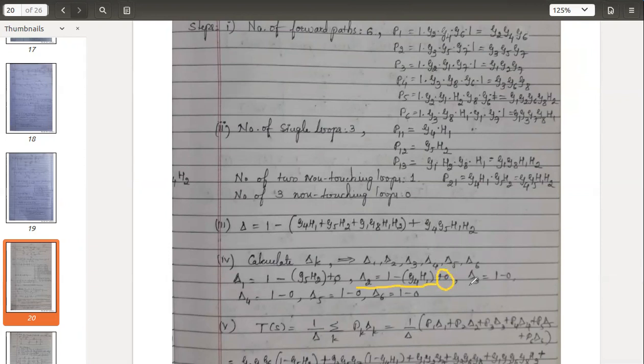Similarly, going for third, fourth, fifth, sixth, for all remaining forward paths, you can see that all the single loops are touching those paths. Let me take, say, the fifth. Any one I'll show you. What is the fifth? P5.